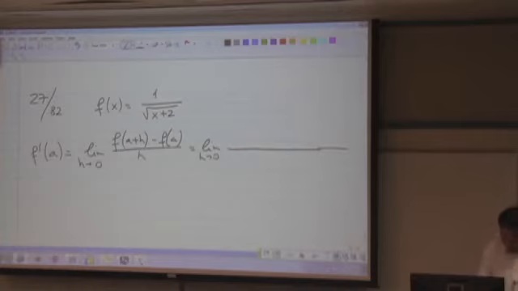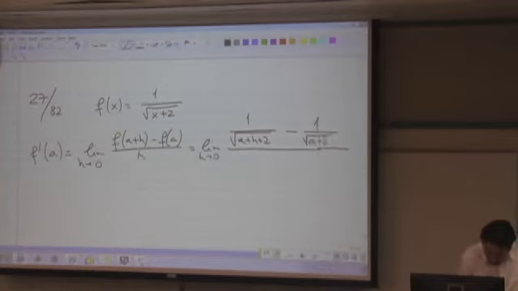Notice how big of a fraction I opened up here. 1 over the square root of a plus h plus 2. Very good. Does that make sense? Minus f of a, which is 1 over the square root of a plus 2, divided by h.